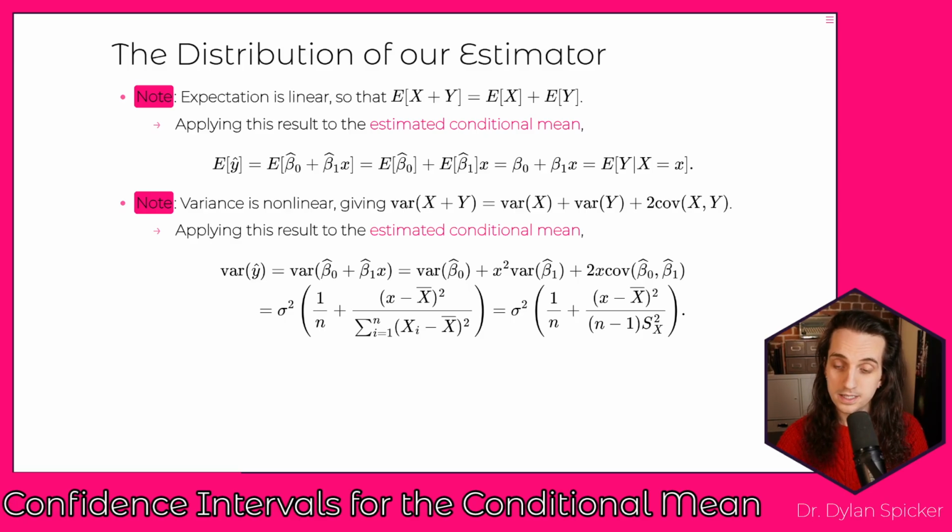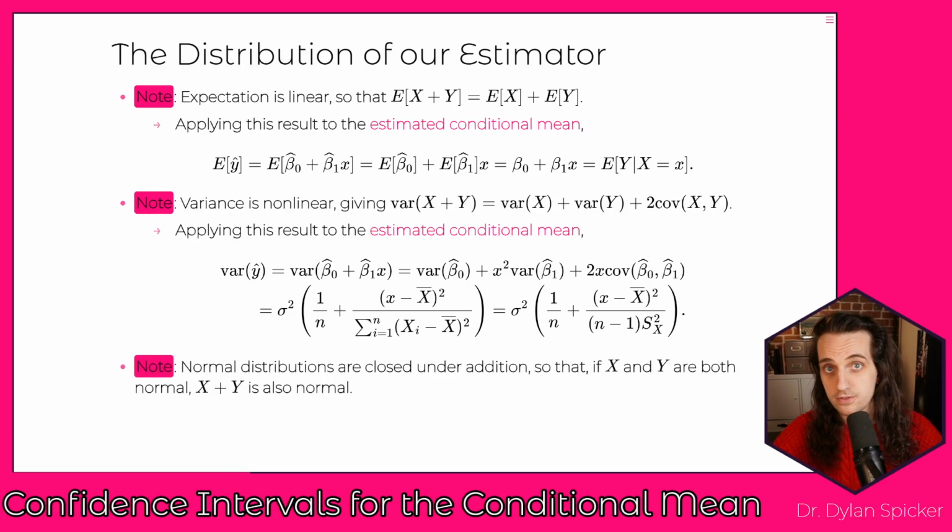Okay. Now, the last thing to note, and again, if you've not seen this, we can just take this as given, is that normal distributions are what we say are closed under addition. And so what we mean by that is that if x and y are both normal, then x plus y is also going to be normal.